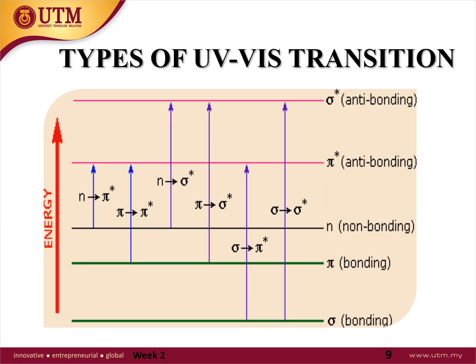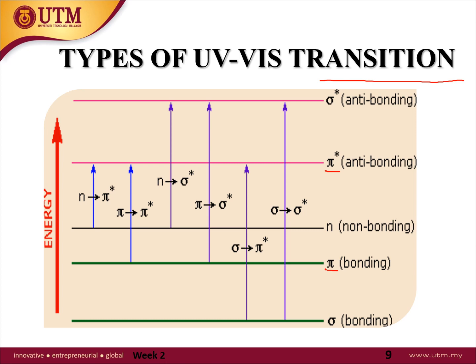Types of UV visible transition. Mostly the most popular one is between pi to pi star over here. You learn about it in basic chemistry. It occurs when you have a double bond or triple bond, this is where the pi is, and then you learn about conjugation. This is where it is used mostly.